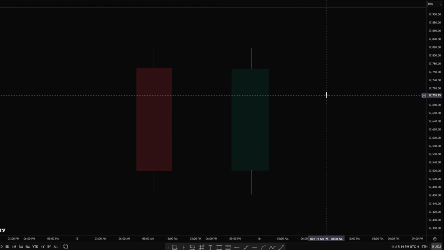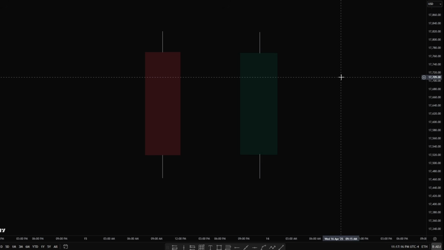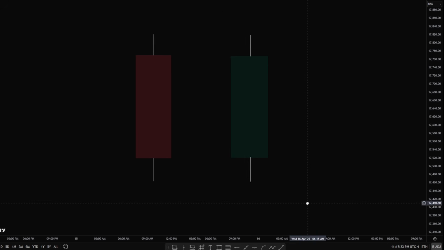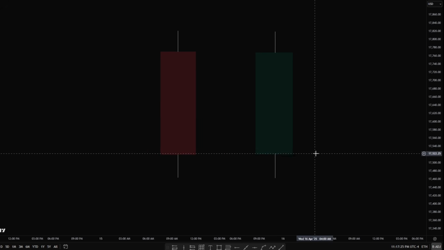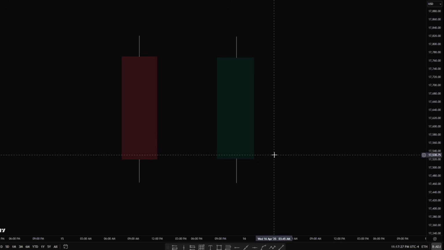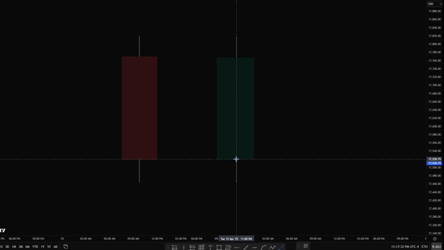So basically we have to understand what are the basic fundamentals of a candlestick. What does a candlestick do? Well, for this example, we'll use the bullish candle, right? For a bullish candle, the open will be below here. This will be the open.